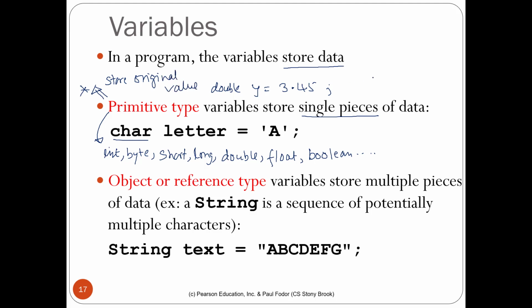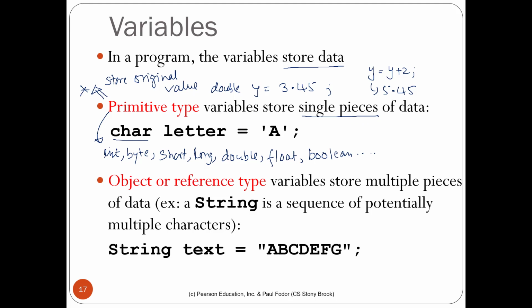So if you say y is equal to y plus 2, then what will happen? The value that you had, which was 3.45, y would be 5.45. You'll add 2 to that. Alright, so primitive types, they will store the original value.